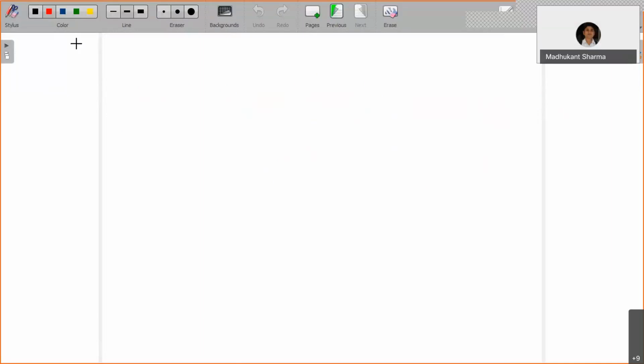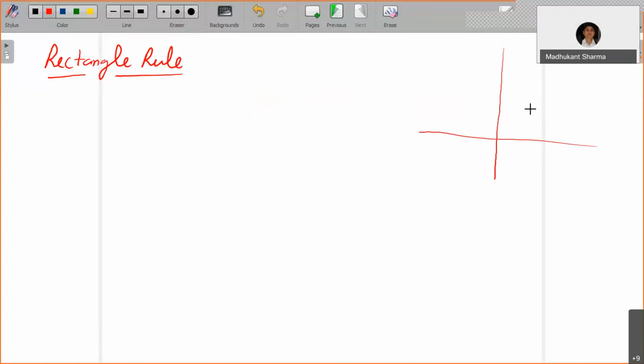So in the rectangle rule, I'm just going to tell you what the rectangle rule is. That is actually a Riemann sum, if you recall. So let's say this is a and this is b.